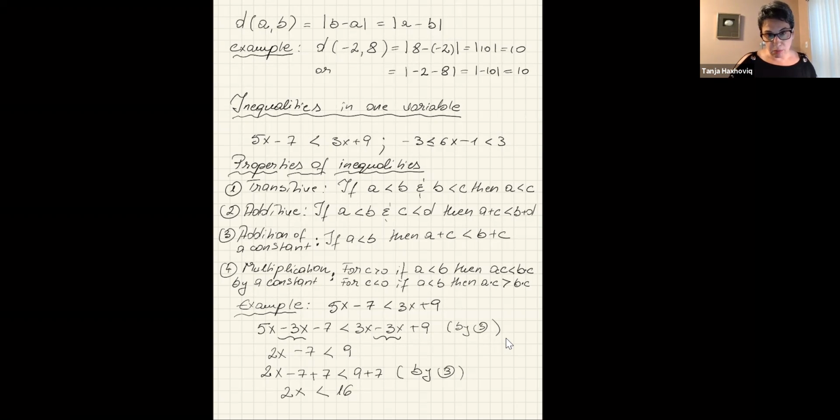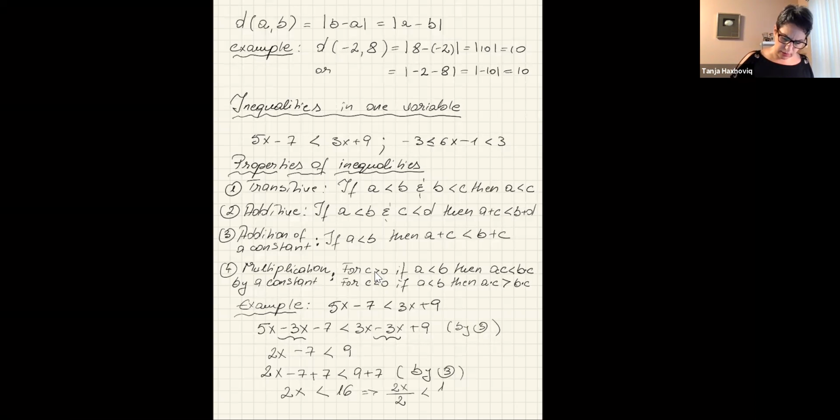That's the same as multiplying both sides of this inequality by 1 over 2, which is property number 4, multiplication by a positive constant. 1 over 2 is a positive constant. So I repeat, dividing by 2 is the same as multiplying by 1/2.